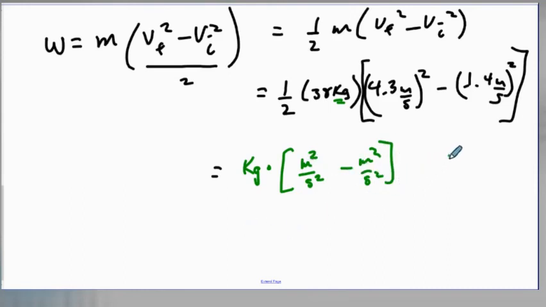So this is going to give me a kilogram meter squared per second squared, and we know that that's a joule. So now if I take half of 38, that's 19, and calculate this out, I think that the answer I get here is 314.07 joules of work.